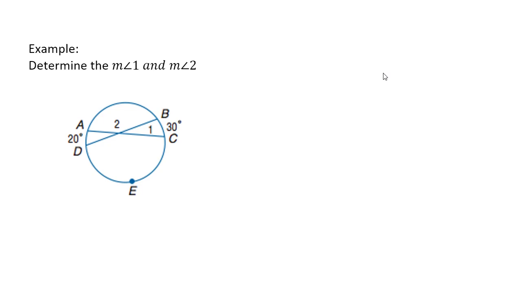Here's an example to apply that theorem. We need to determine the measure of angle 1 and the measure of angle 2 based on this figure. So the measure of angle 1 is going to be equal to half the sum of two arcs. Okay, so I need to figure out what those two arcs are.